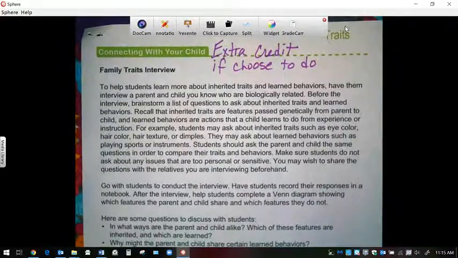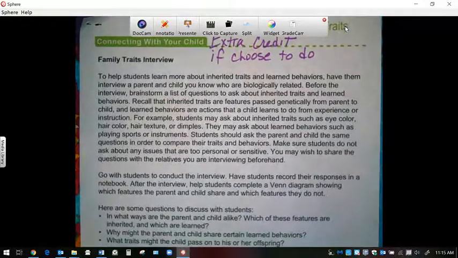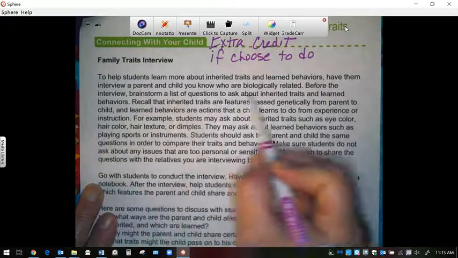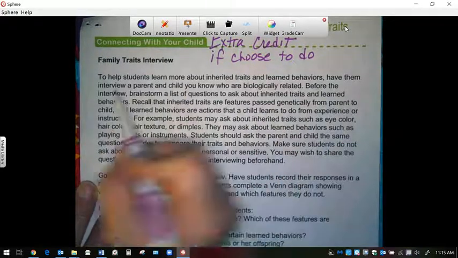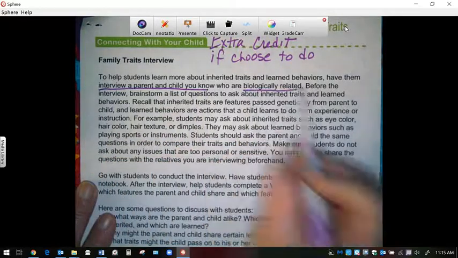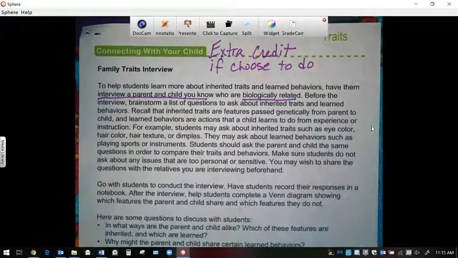It's a family traits interview where the students would learn about inherited traits. They're going to interview a parent and child who are biologically related. You don't have to do it. It's just extra credit. All right, and that is your weekly lesson on traits for this week in science.